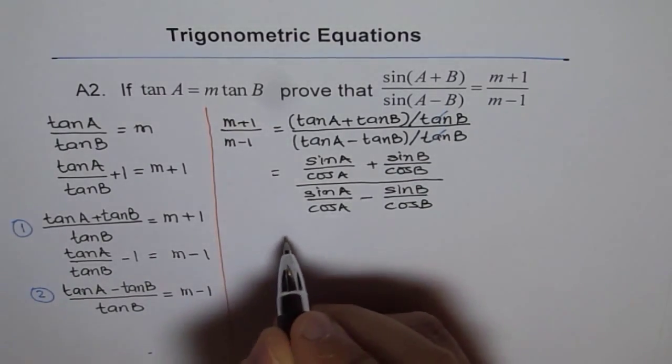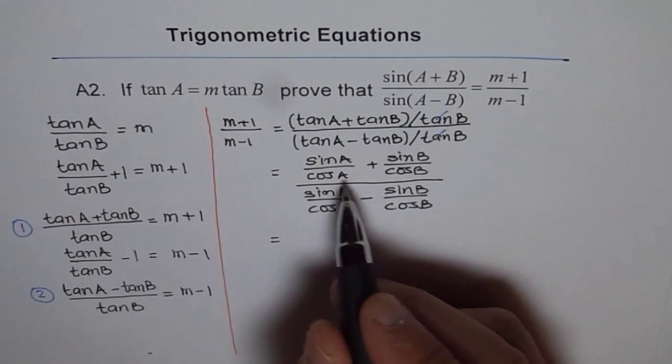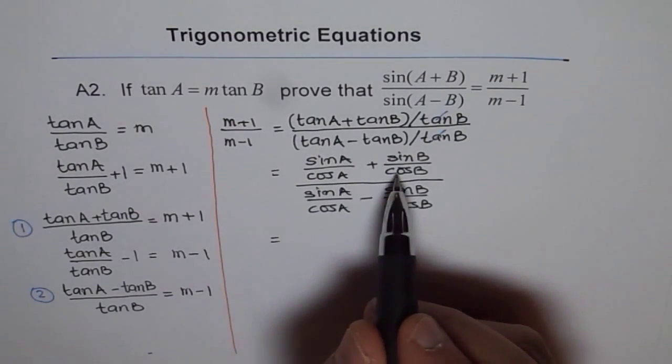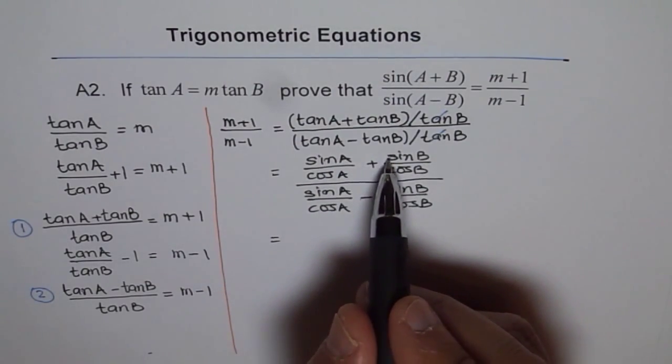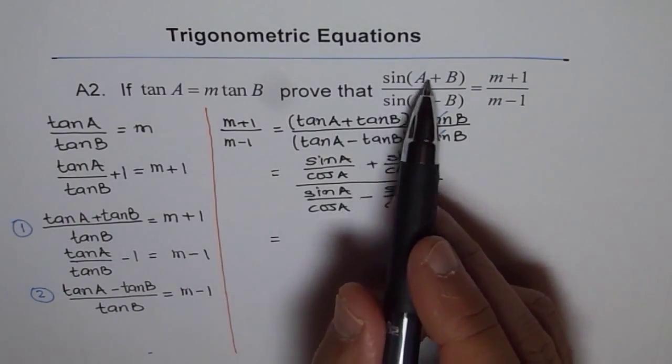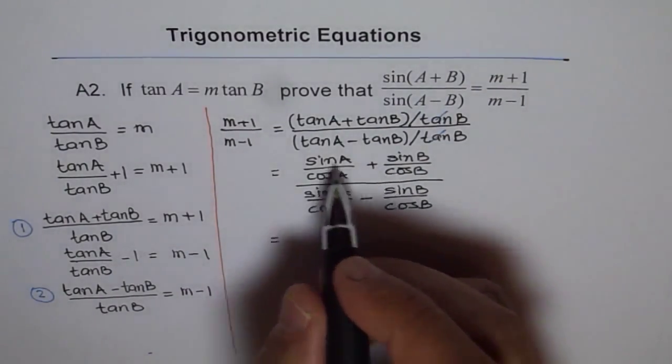Now let's take cos A cos B as the common denominator. If we do that, we get sin A cos B plus cos A sin B, which will be sin(A plus B). Do you see that? So that is the strategy. So let's do that.